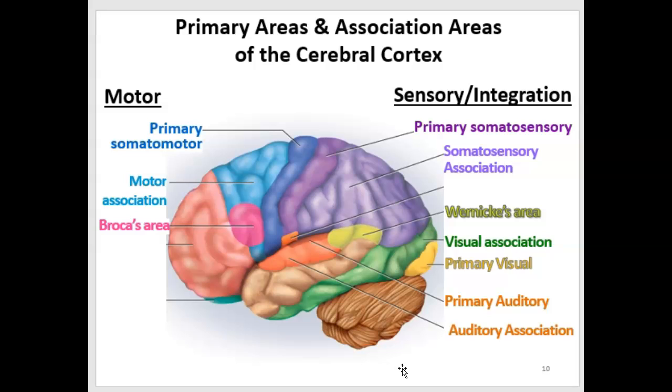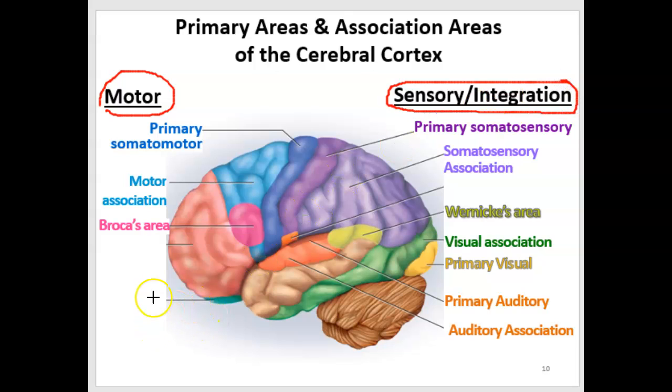So I'm just going to point out where these primary areas are and the association areas that are important. Okay. First, notice in general, if you see the headings here for motor and for sensory, motor is over here on the left and sensory is on the right.